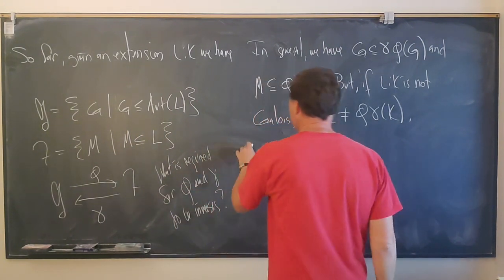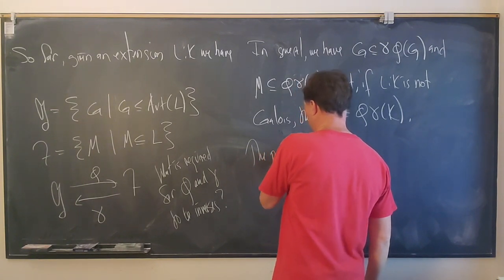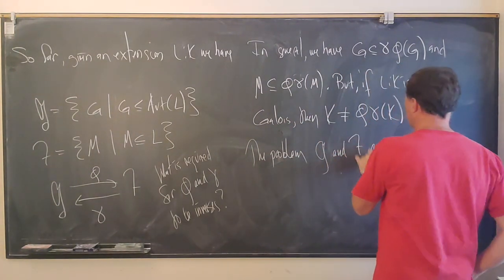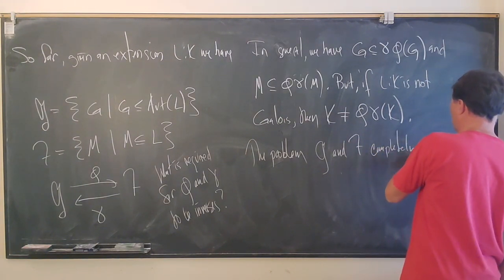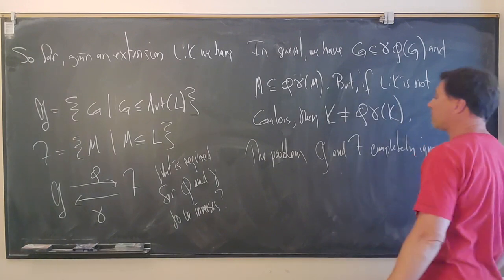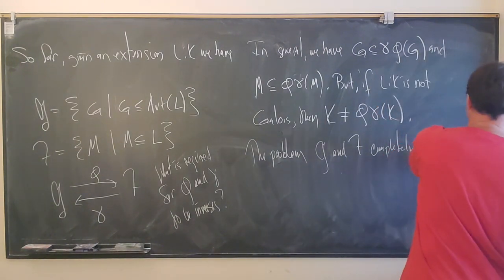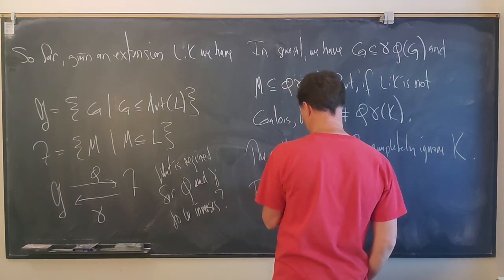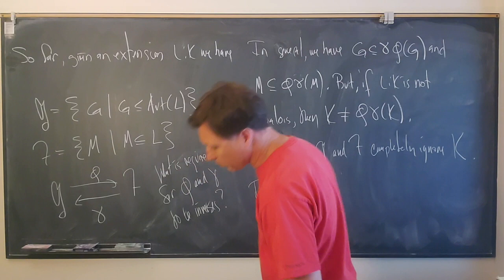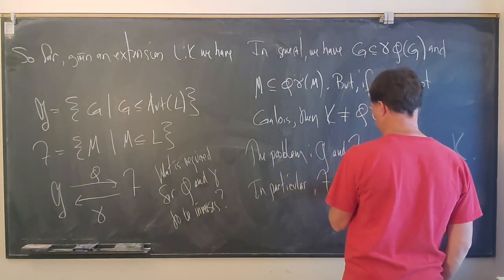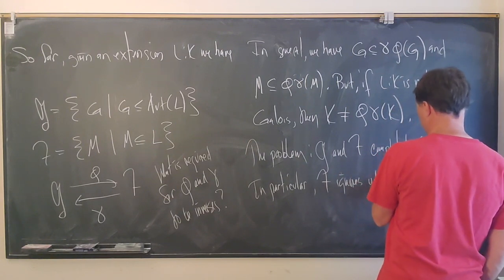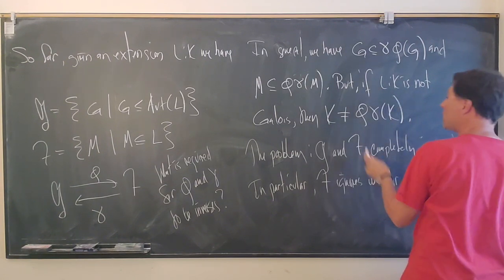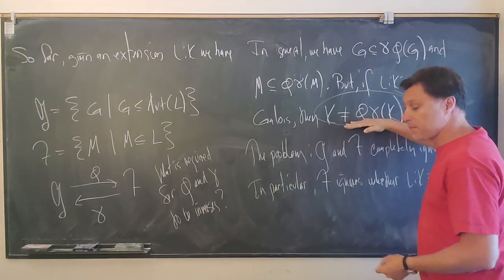So the problem is that both script G and script F completely ignore the base field K. In particular, script F ignores the question of whether L over K is Galois. And we know from right here, if it's not Galois, then something bad happens.